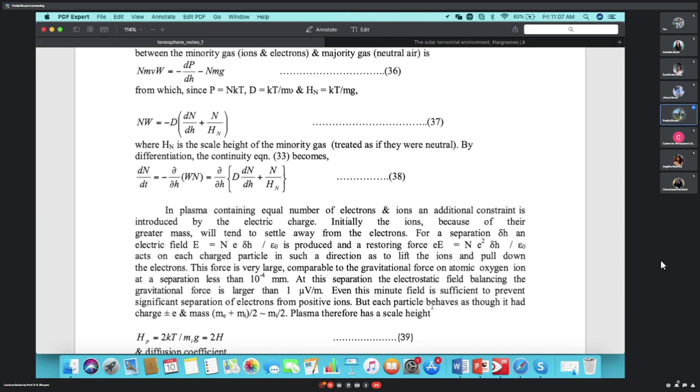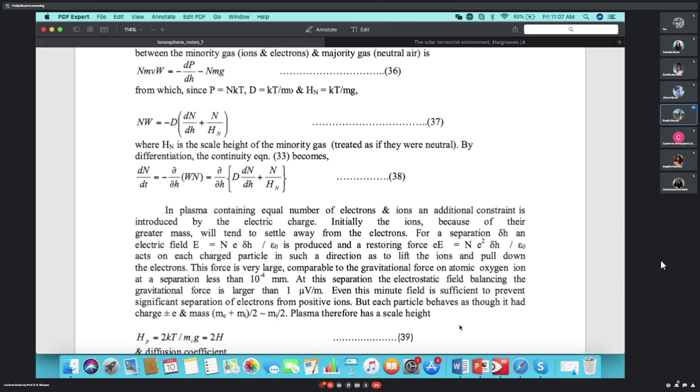Each particle behaves as though it had a charge plus minus e, because if I consider a particle of positive and negative charge together, the charge will be plus minus e, and the total mass will be (me plus mi) divided by 2. So your mi divided by 2.